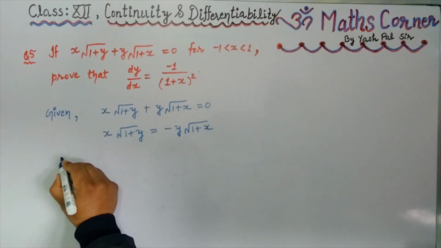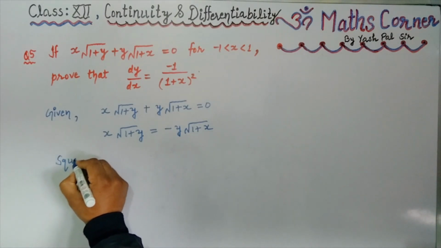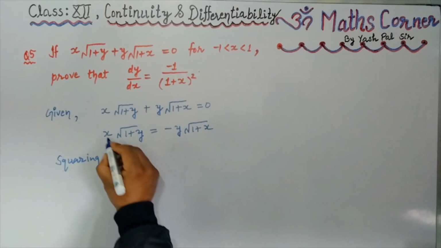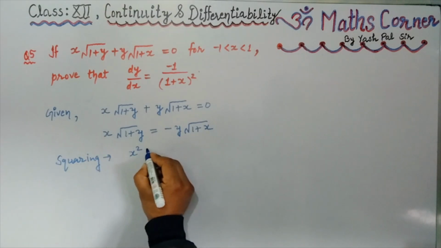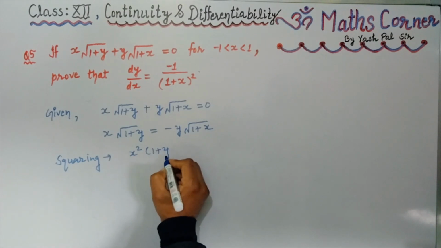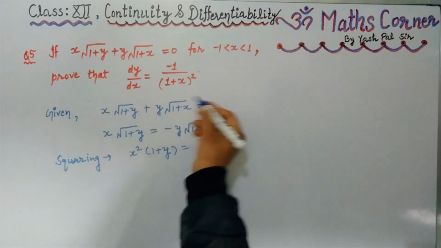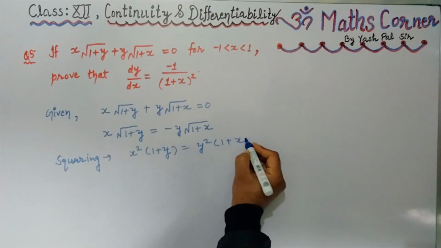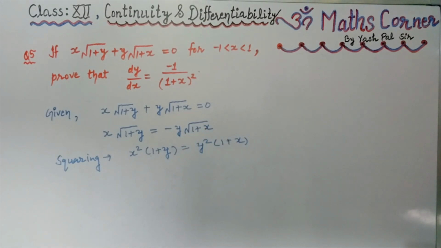Now we square on both sides. So this becomes x square into (1 plus y). The right hand side becomes y square into (1 plus x), the square root cancelled.